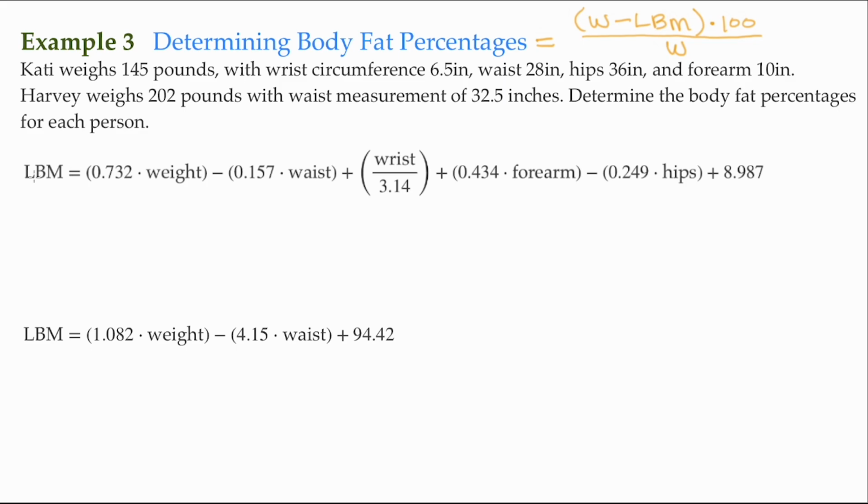So of course, the first thing we're going to do is determine each gender's lean body mass. So for Katie, we're going to go 0.732 times her weight, and her weight is 145 pounds, minus 0.157 times her waist, and her waist is 28 inches. Plus her wrist divided by 3.14, and her wrist is 6.5 inches.